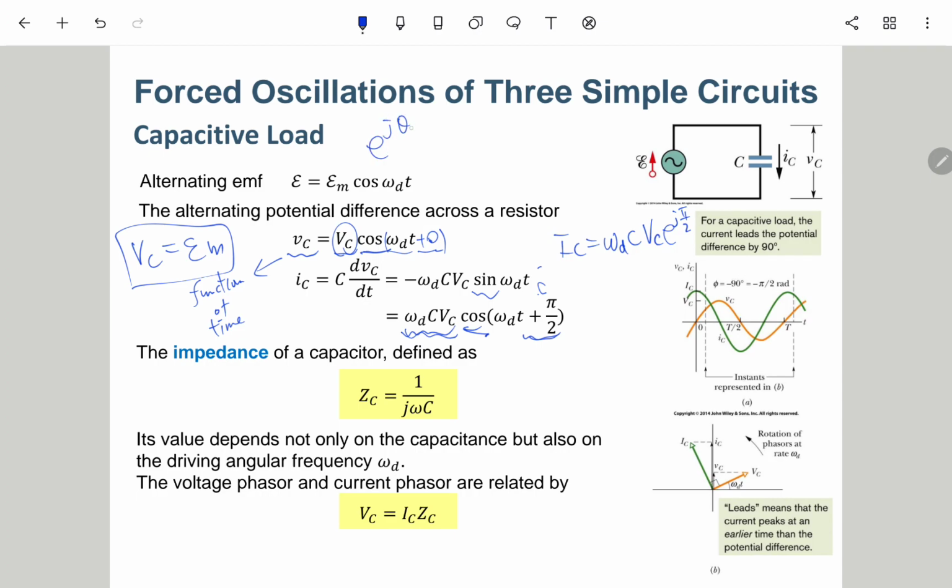Exponential to j theta is actually cosine of theta plus j times sine of theta, where j is the square root of -1. So if theta is pi over 2, cosine pi over 2 is 0 and sine pi over 2 is 1, so this thing is actually j. So we have j omega d C VC. Okay, something like this.